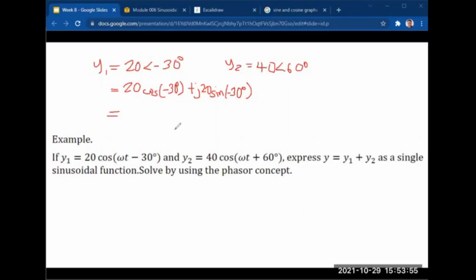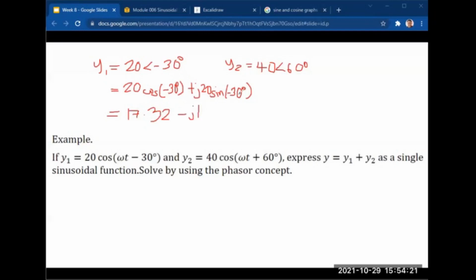Let's solve using our calculators together so you can practice your calculator techniques. So 20 cosine of negative 30 is equal to 17.32, while 20 sine of negative 30 is equal to minus j10.